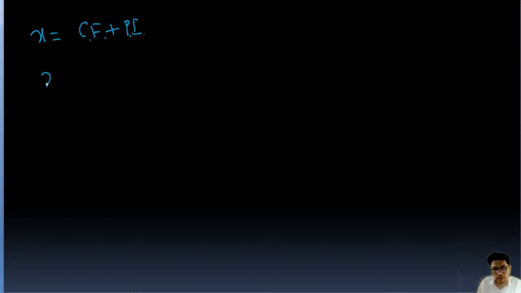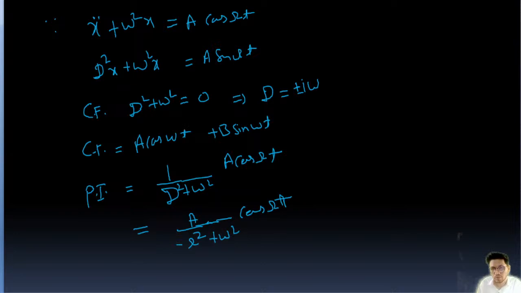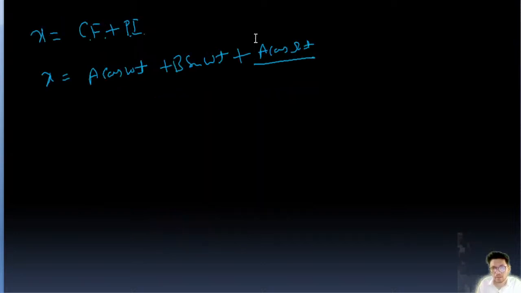So x is going to be a cos omega t plus b sin omega t plus a cos capital omega t upon minus capital omega square plus small omega square.